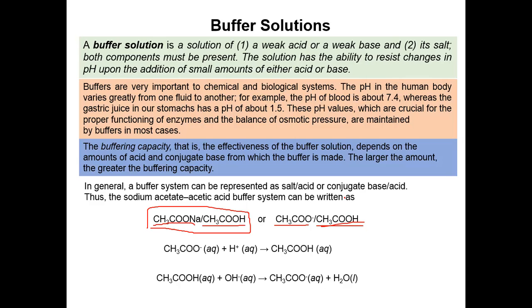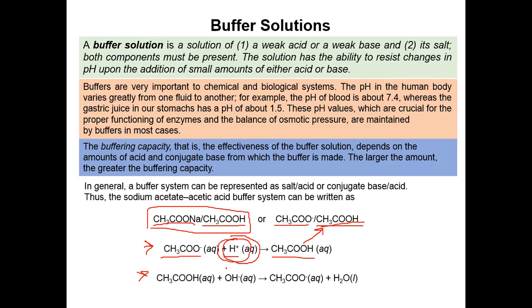So how does it work actually? Look at this equation and this equation. Say we put some acid in the environment, right? Acid means that we put in some hydrogen ion. Then acetate comes in and neutralizes this hydrogen ion, producing acetic acid. So this is the part of the buffer, right?